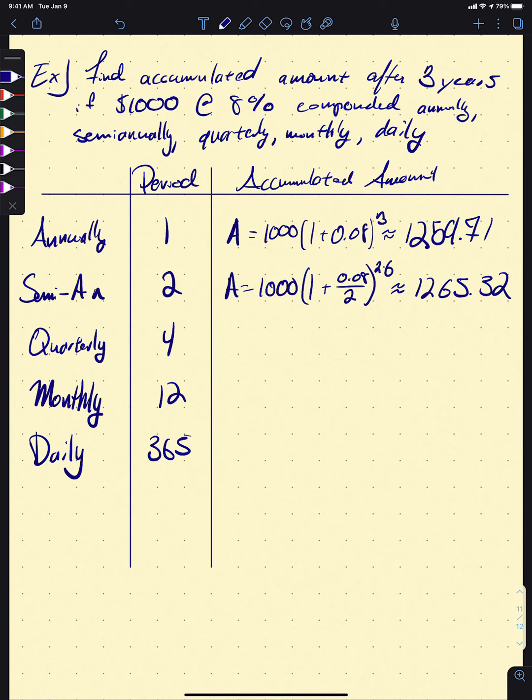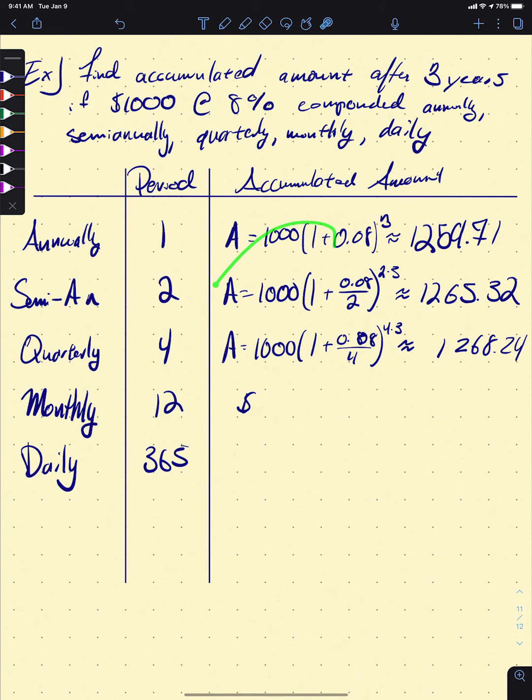Once again, this is approximately, okay? For quarterly, once again, $1,000, 1 plus 0.08, sorry, this time over 4, to the 4 times 3, and that guy comes out to $1,268.24.